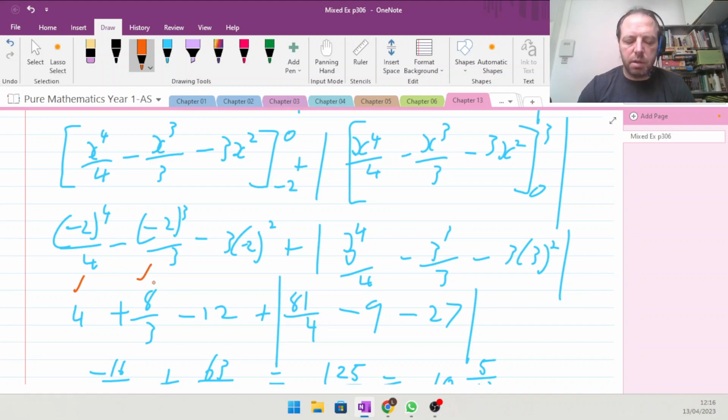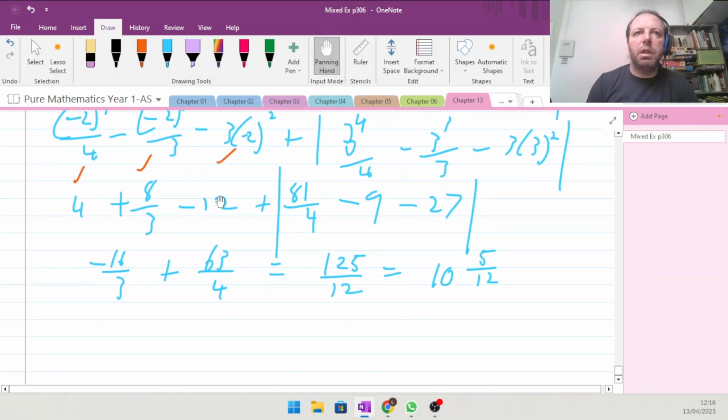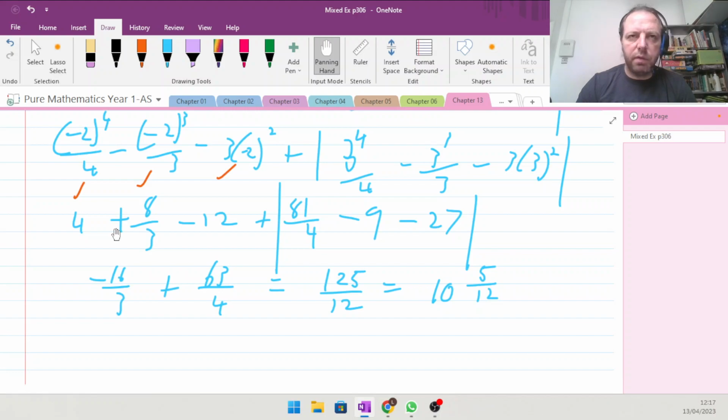Happy with that one. Minus 2 squared is 4. 3 times 4 is minus 12. Happy with that one as well. I must have put it in wrong as I've come through here. So 4 plus 8 over 3, 20 over 3, minus 6.